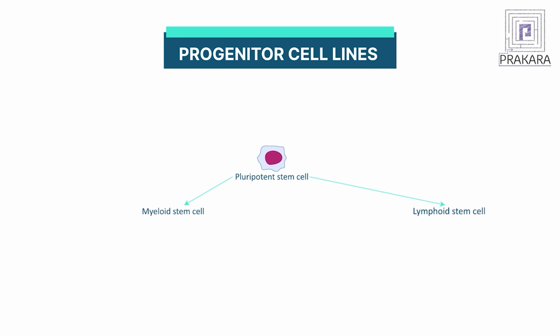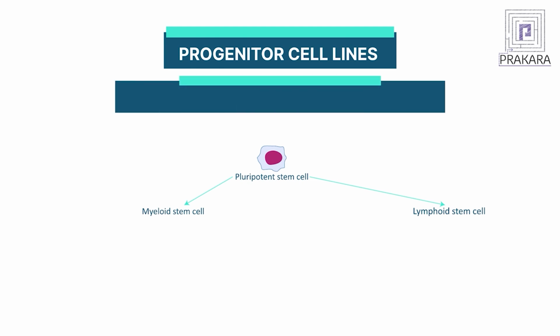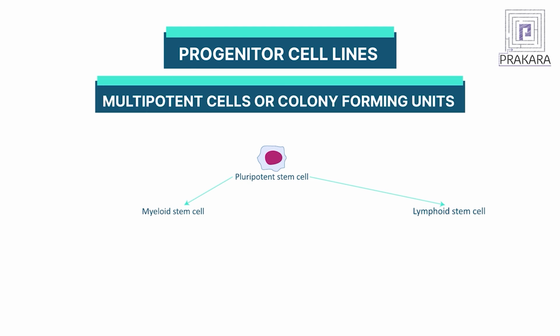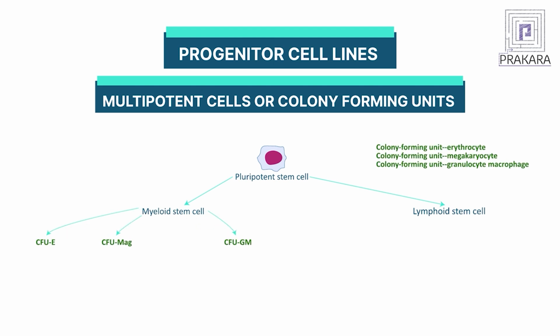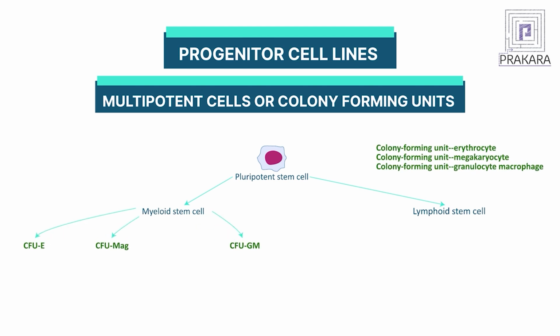These progenitor cells are also called multipotent cells or colony forming units because they form colonies or clusters of cells.